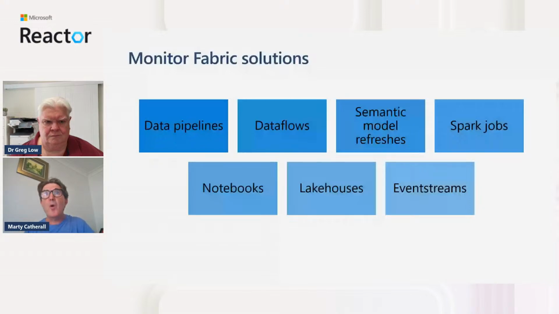So you can see here a diagram to call out the different parts of Fabric: the data pipelines, the data flows, the lakehouses, the event streams, the Spark jobs, and the notebooks. In Fabric, we basically schedule activities and the jobs that go with them that perform the different tasks, such as the transformations and the data movements. There's different activities that have got different dependencies on one another.